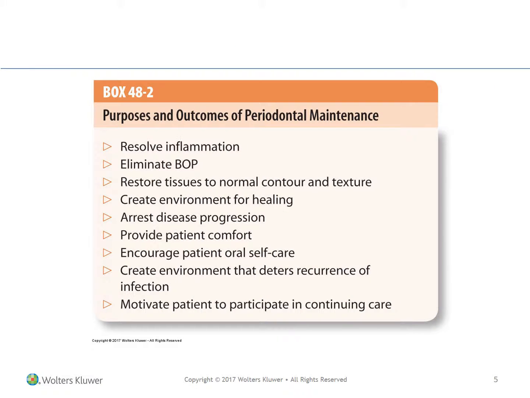All right, here is box 48.2, and I am going to read this to you in case you're just listening on the road or anything like that. So, purposes and outcomes of periodontal maintenance. This is our 4 times a year, every 3 months maintenance appointment. We want to resolve any inflammation that's starting. We want to eliminate any bleeding on probing.